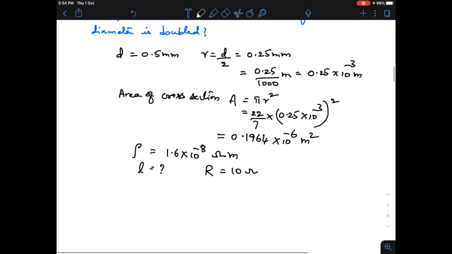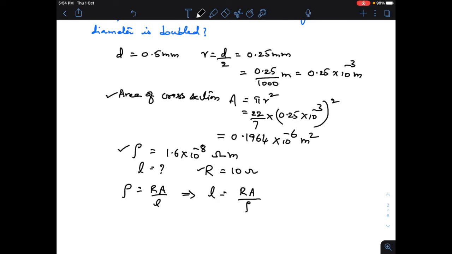We know that rho is equal to RA by L, from which I can write L is equal to RA by rho. We have R, we have calculated A and rho is given. So substitute these values now to get the length of the wire.